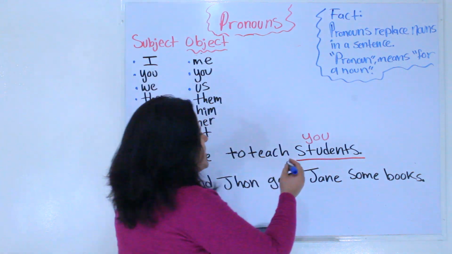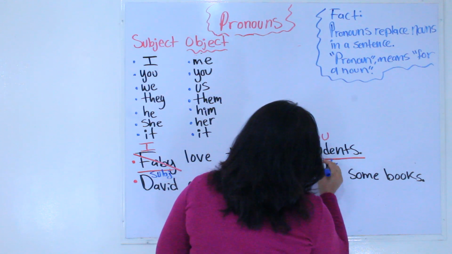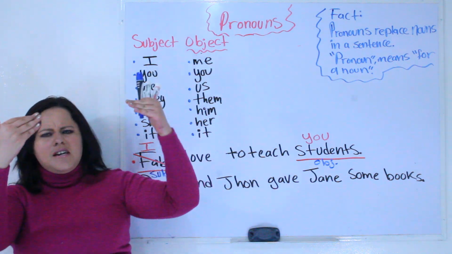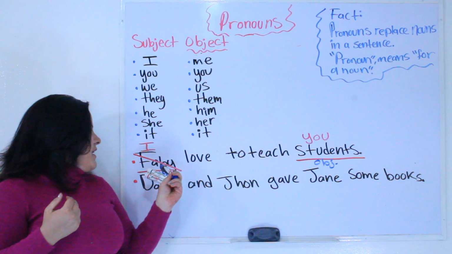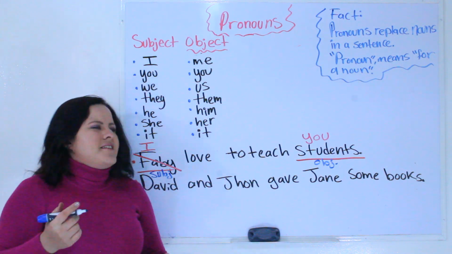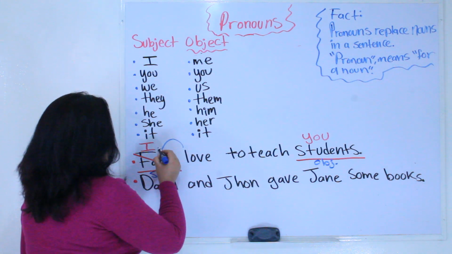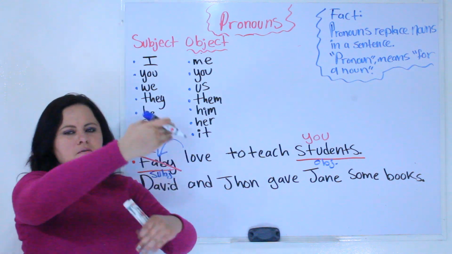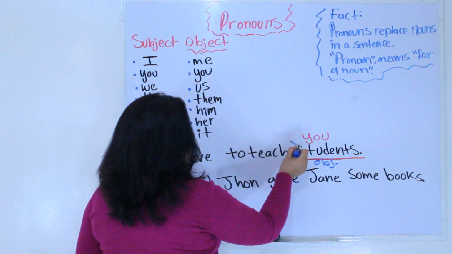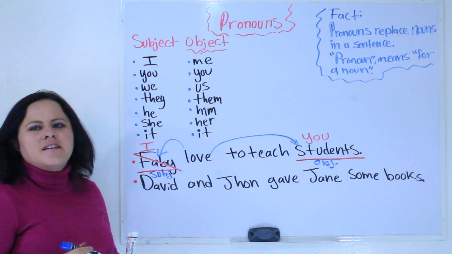And then here we have an object of the sentence. The second noun is the object of the sentence. The object of the sentence is the one who receives the action that is being done by the subject. An easy way to look at this is: the subject goes before the verb, and the object usually is after the verb or verbs.